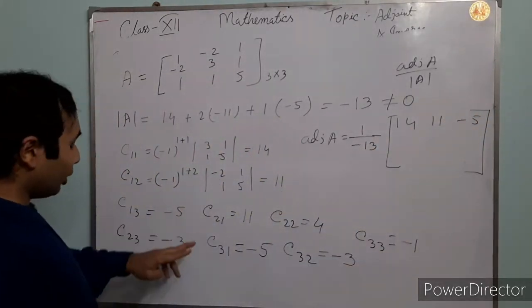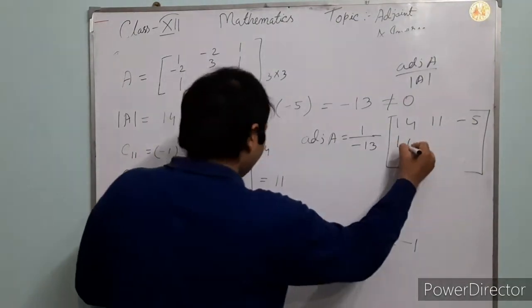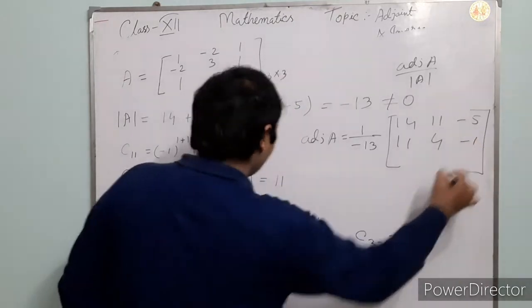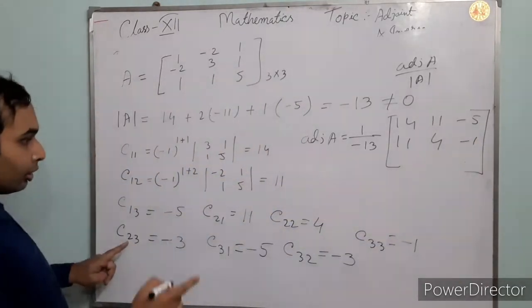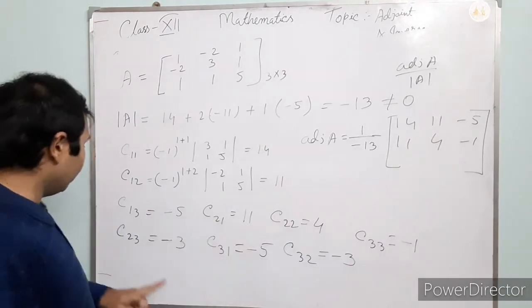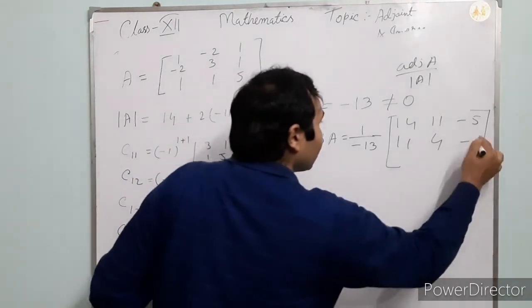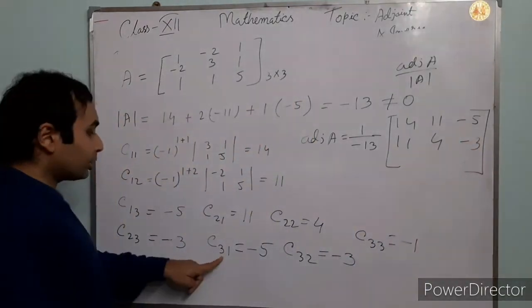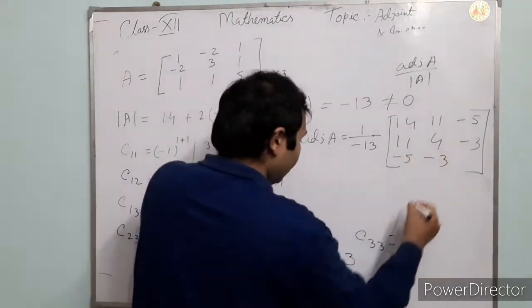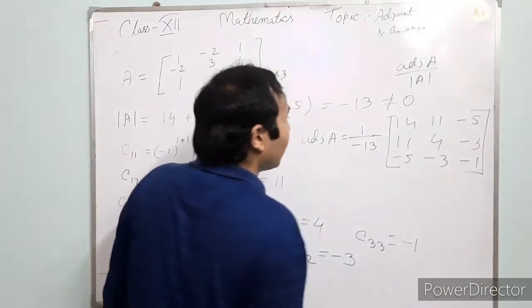Then C21, where is C21? Here it is 11, C22 it is 4, C23 it is -3, then C31 it is -5, C32 it is -3, and C33 it is -1.